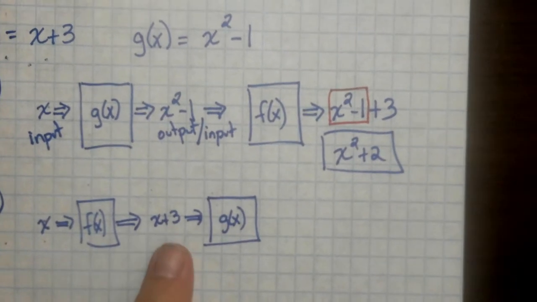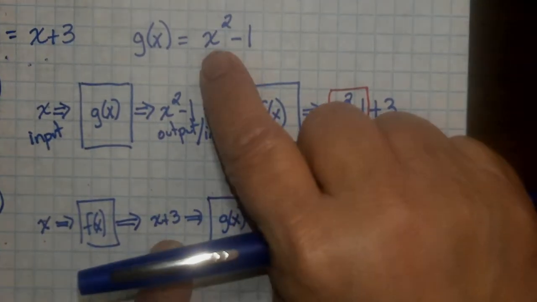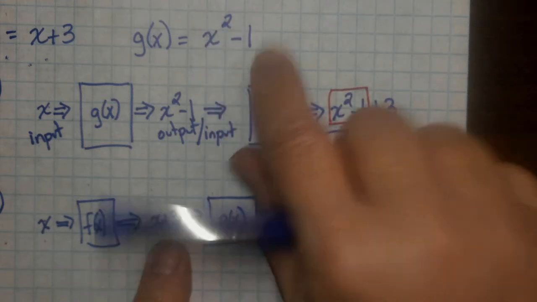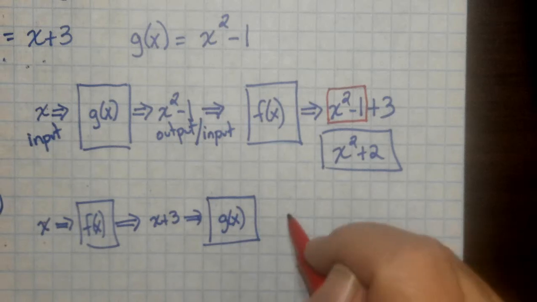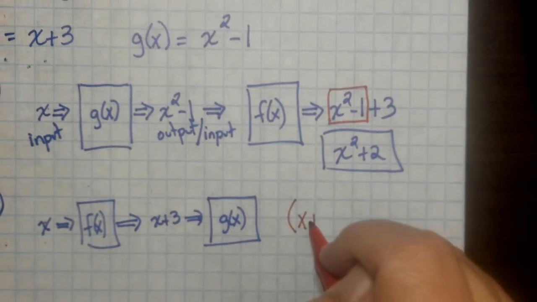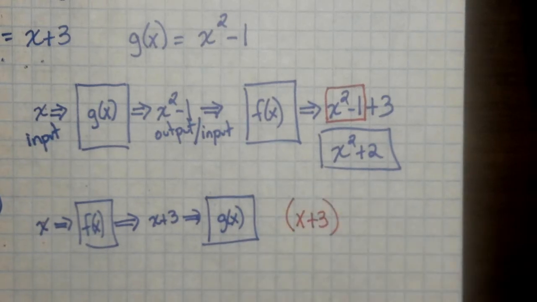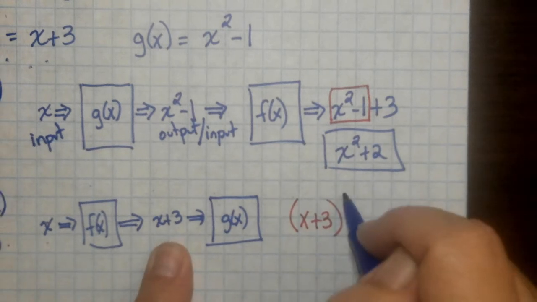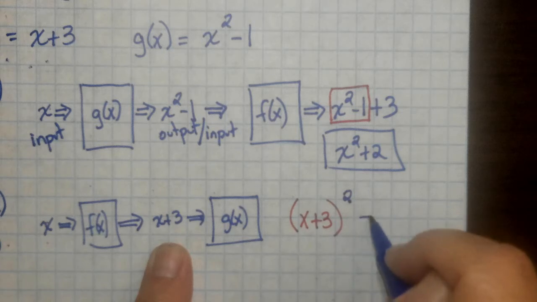Well, what does g of x say? G of x says take the input, square it, and then subtract 1. So that means I'm going to take x plus 3, because that is my input value, square it, and subtract 1.